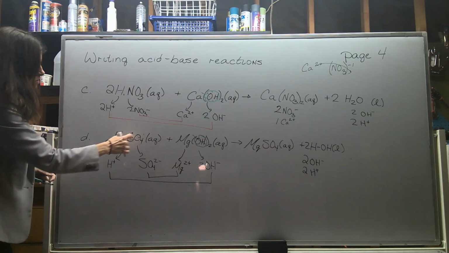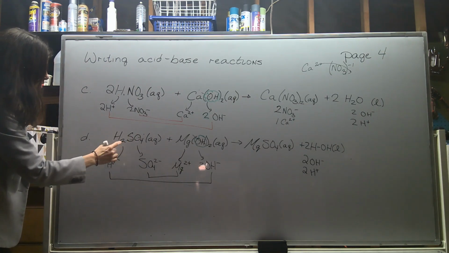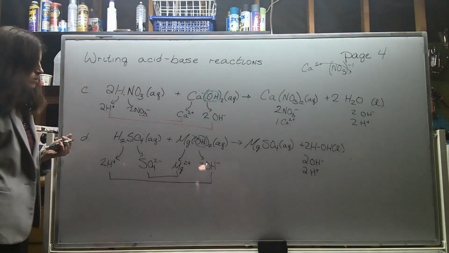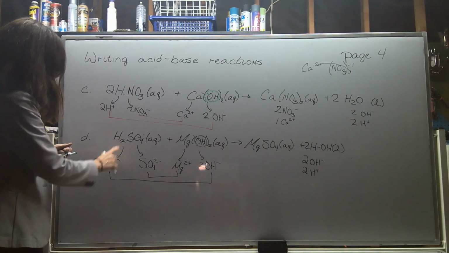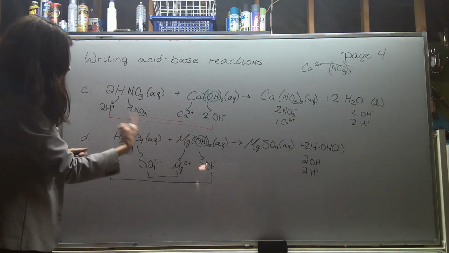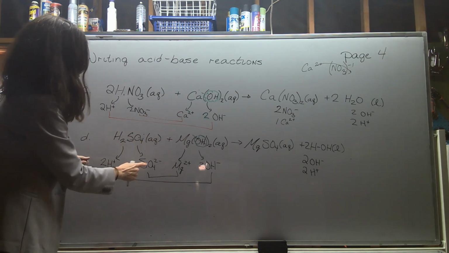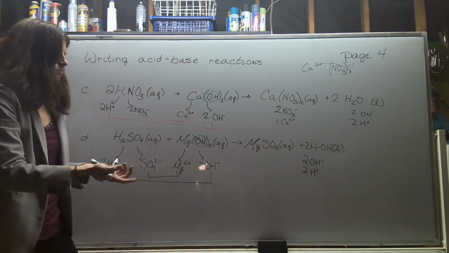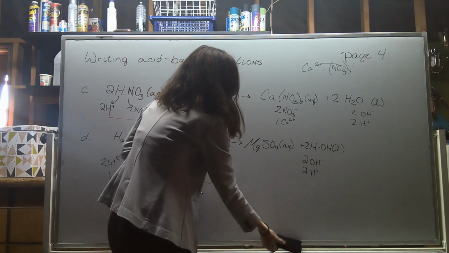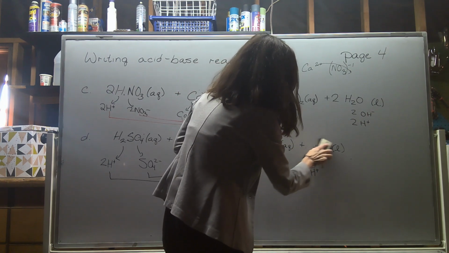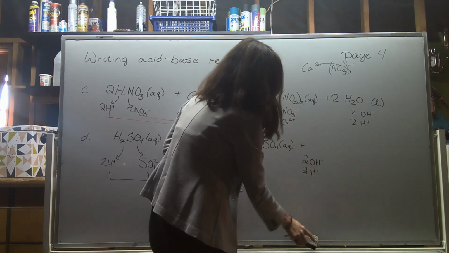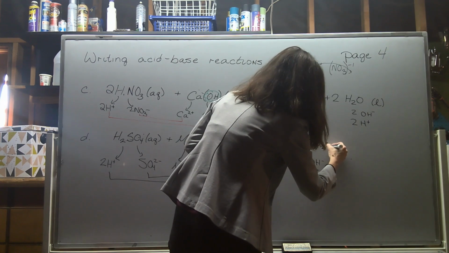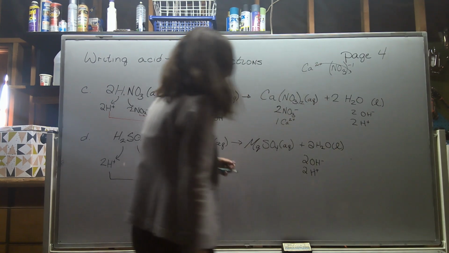This 2 that came from the crisscross, well, that also means that there's 2 H's in the sulfuric acid. It's what's known as a diprotic acid. So 2H plus, that balances, and 1 sulfate. There's only 1 sulfate over here, 1 magnesium, 1 magnesium. So now it's balanced. And then I'll just fix this because it's almost a silly way to write it, but it really helps me balance. And I'll rewrite it like that.